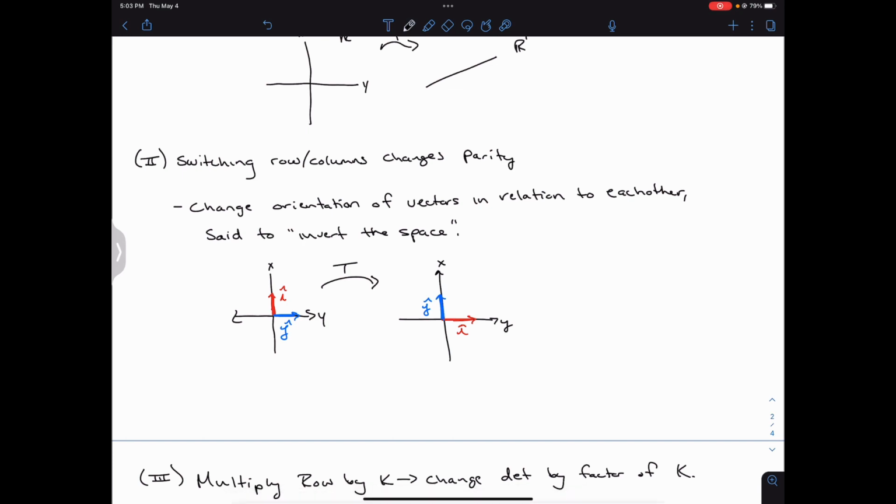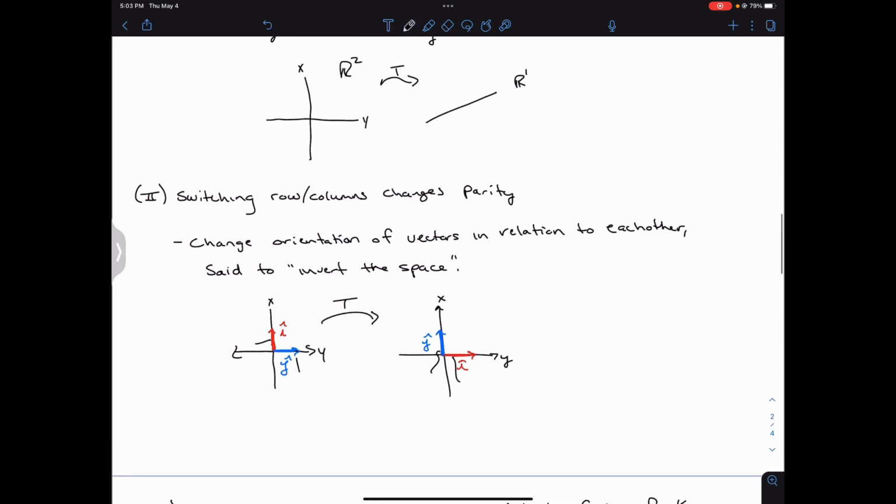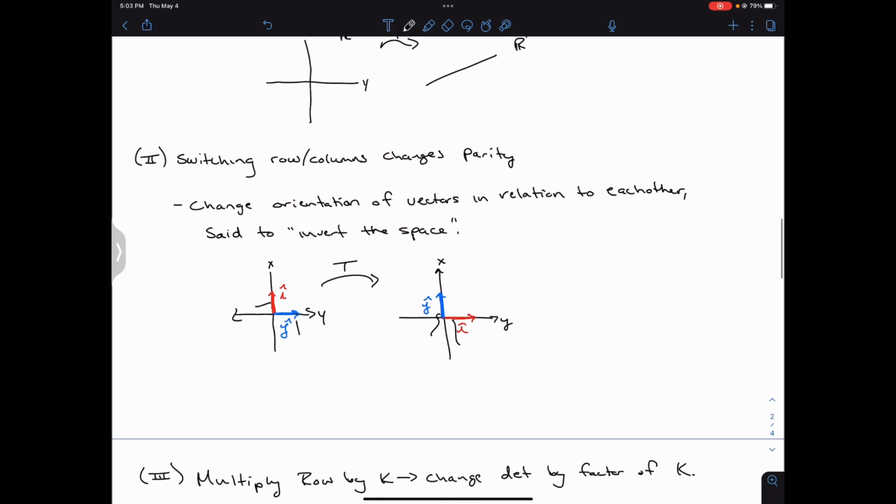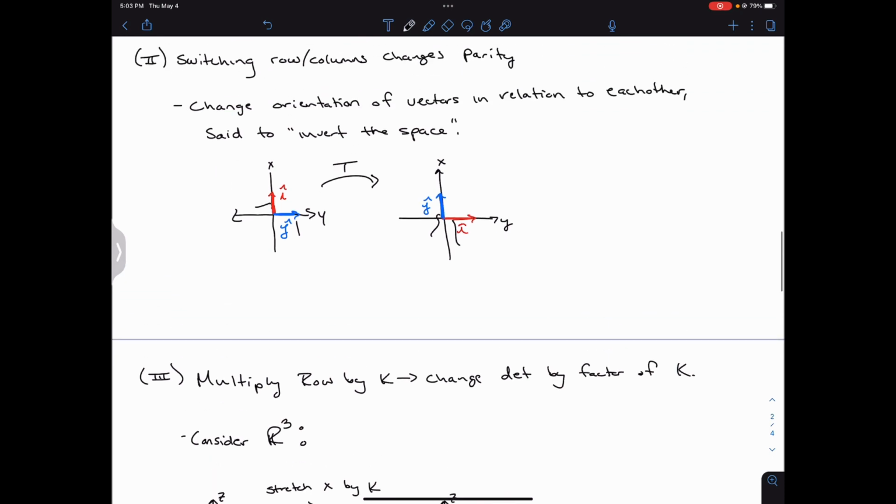I don't really know. But this example just illustrates, we have j hat on the right, i hat on the left, and then after a transformation, this would have a determinant of -1.